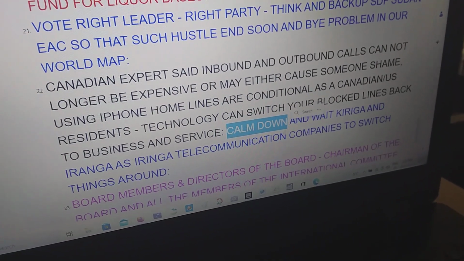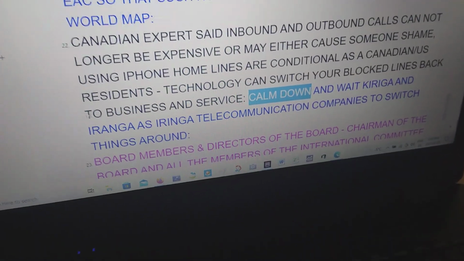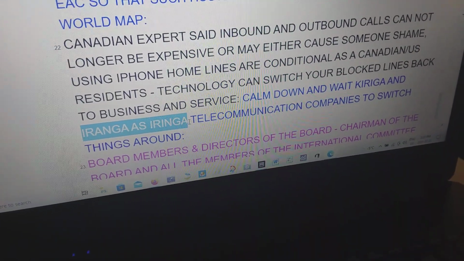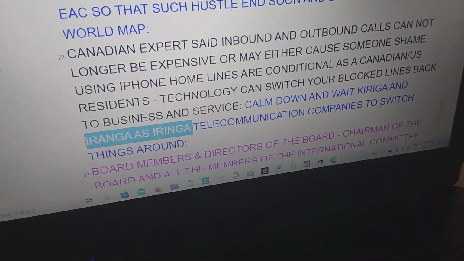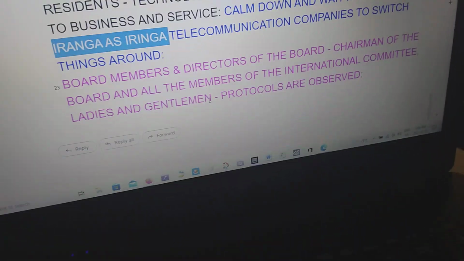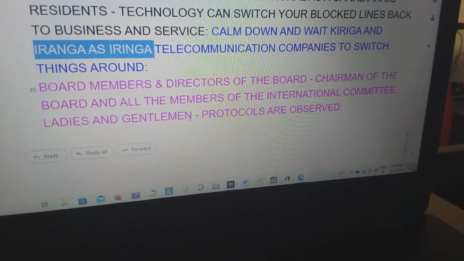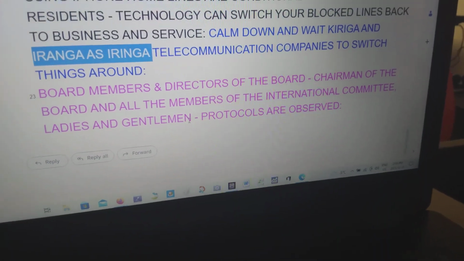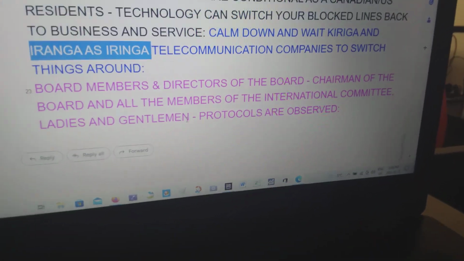Then Wade Krieger and Iranga, which is right there as Iringa telecommunications company, switch things around for you if those are all the conditions here. Otherwise, board members, directors of the board, chairmen of the boards, and members of the international committees, ladies and gentlemen, protocols are all observed. Otherwise, that brings us to the end of that reading there.